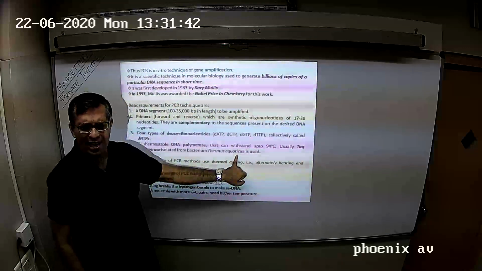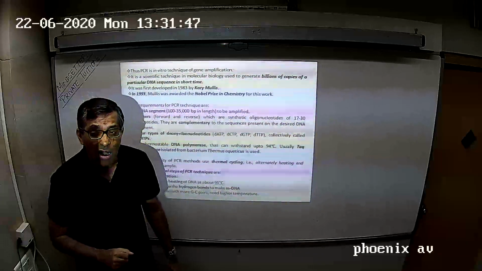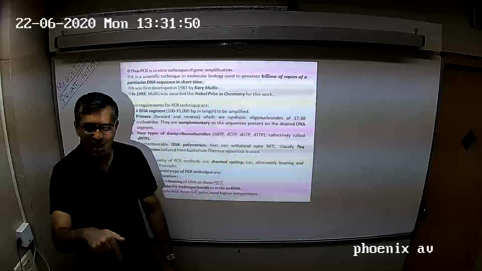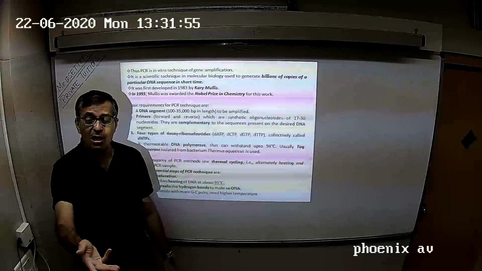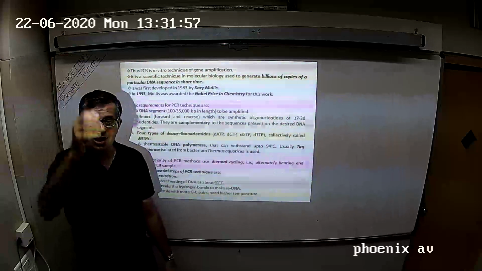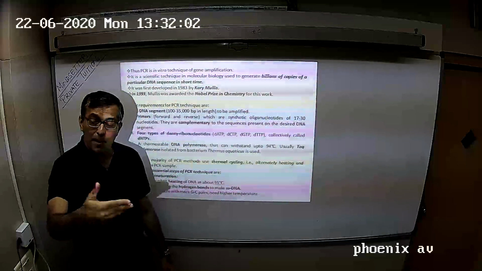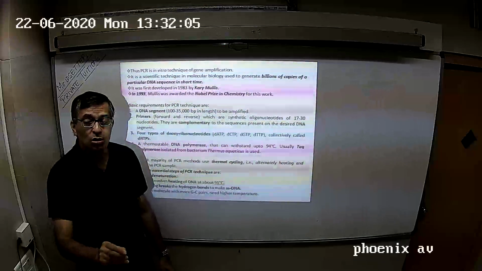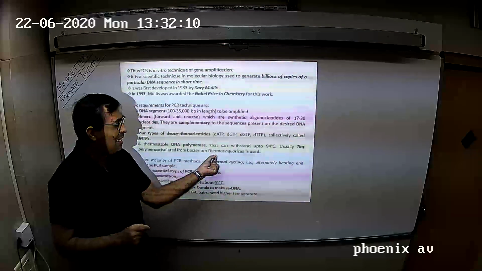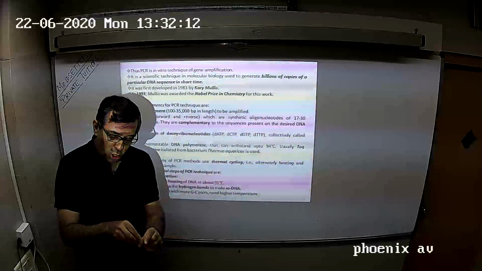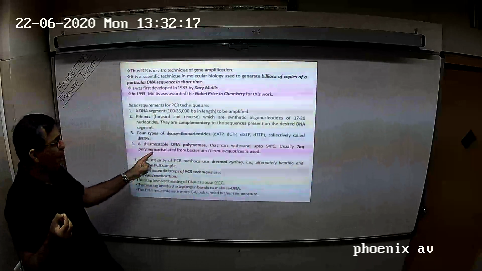From the name Thermus aquaticus you can tell it lives in hot thermal springs, where the temperature is as high as 100 degrees Celsius, and still this bacterium multiplies. So he took this thermophilic bacterium Thermus aquaticus and isolated an enzyme from it called Taq polymerase.